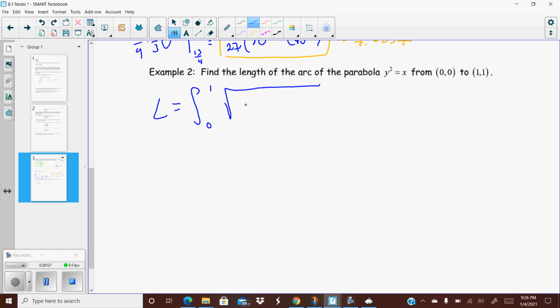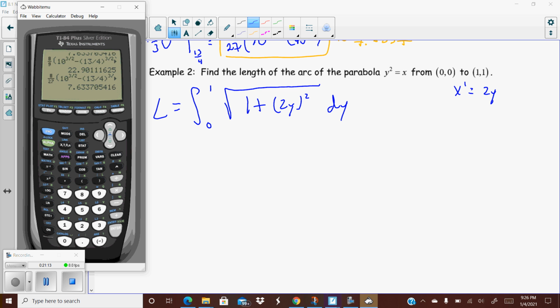Of the square root of 1 plus, so now I have to find x prime, which is going to be 2y, and then x prime squared is what goes in the parentheses, and this will be dy. So let's go ahead and plug it in the calculator, and we'll see what we get. Math 9, 0 to 1, integral of the square root of 1 plus, I'm just going to write this as 4x squared.